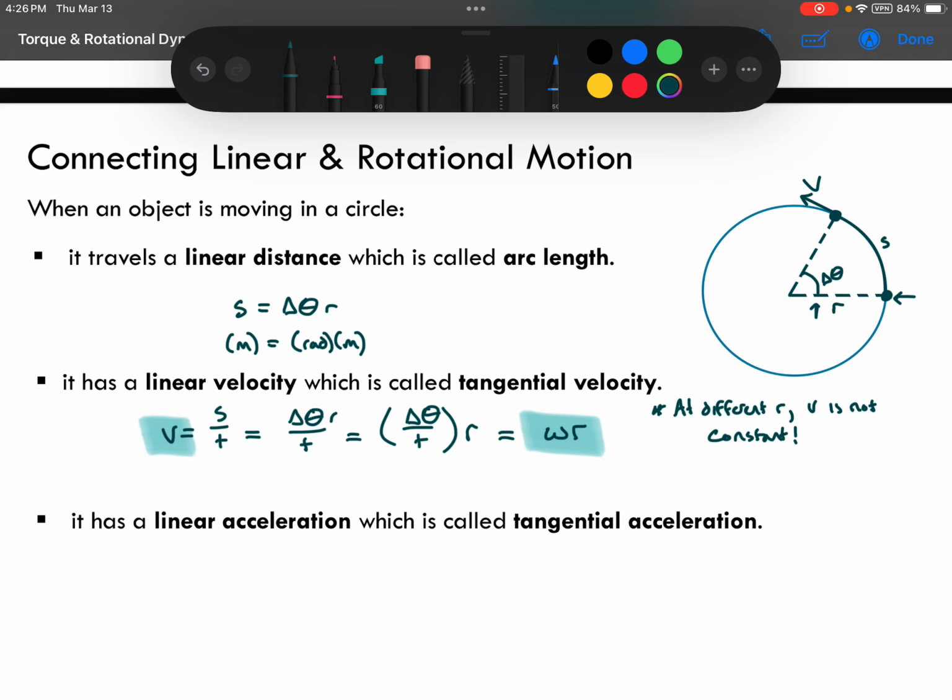Because if you think of this disk rotating, it's a fixed object, which means all points along that are rotating together. They're not bunching up and moving around as it rotates. So omega is a constant because the object's rotating at the same rate.